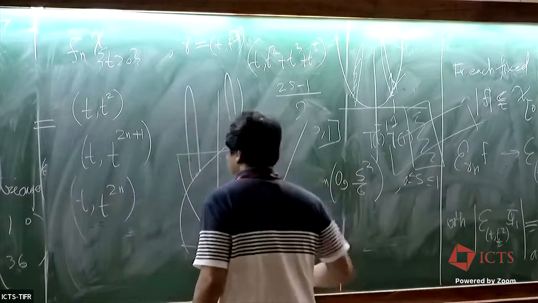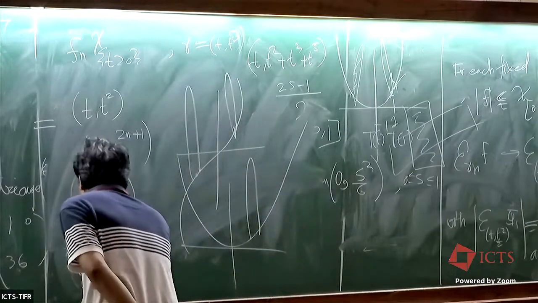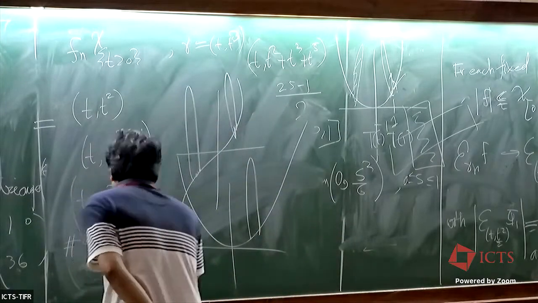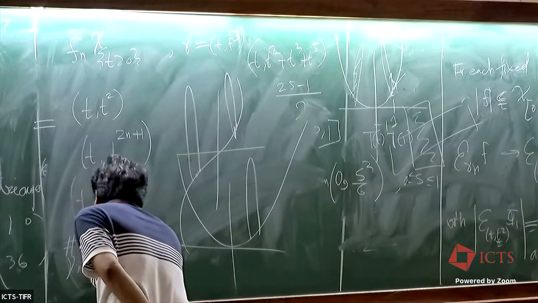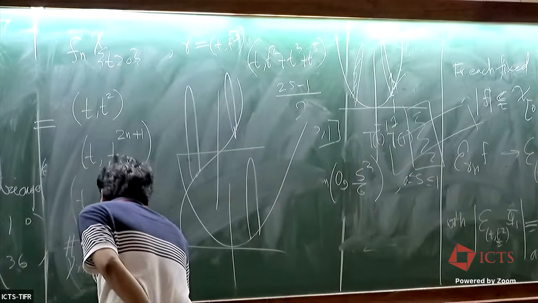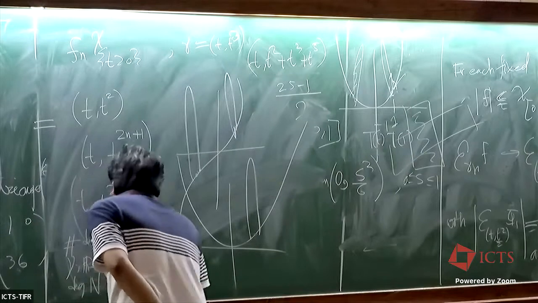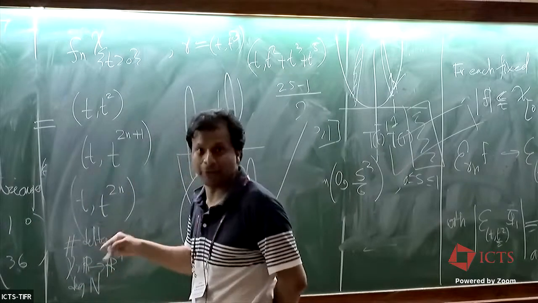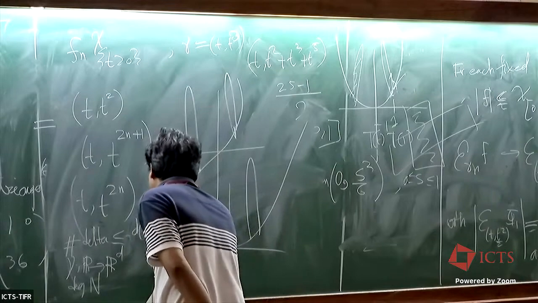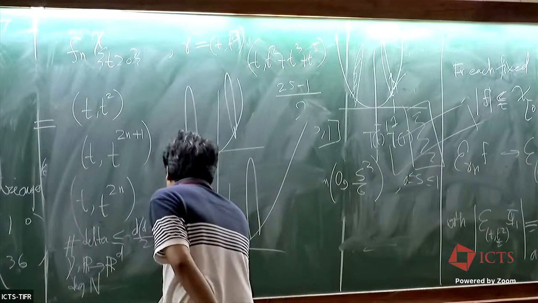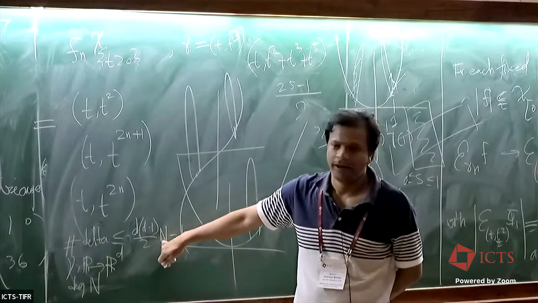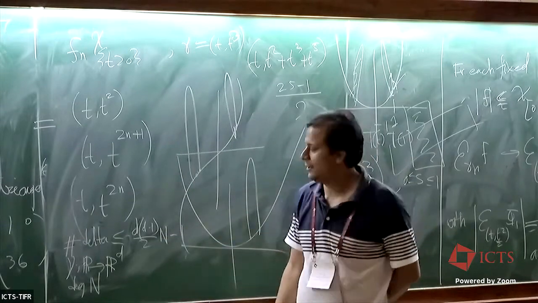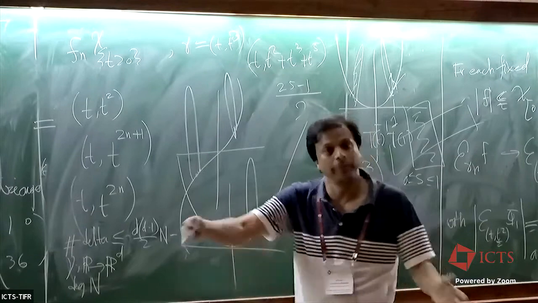If gamma is a polynomial from R to R^d of degree n, then the number of delta functions which can optimize energy is d times d minus 1 over 2 times n minus 1. You're asking what if capital N goes to infinity? I don't know, but it might be possible that we need many.